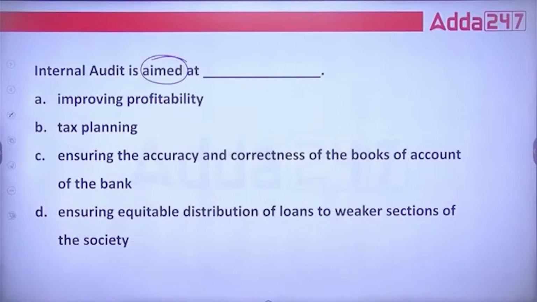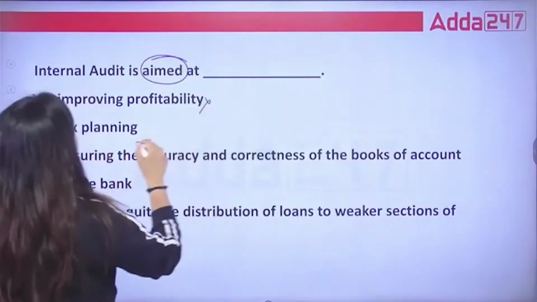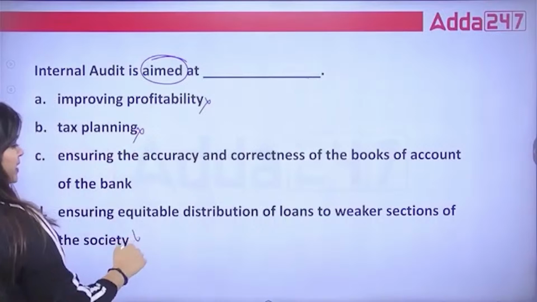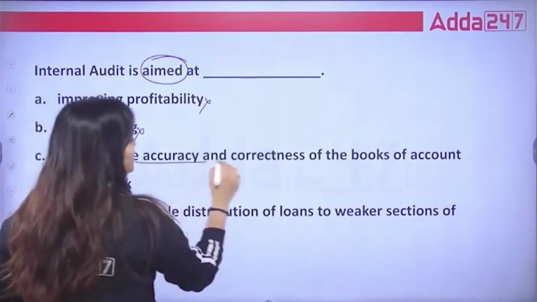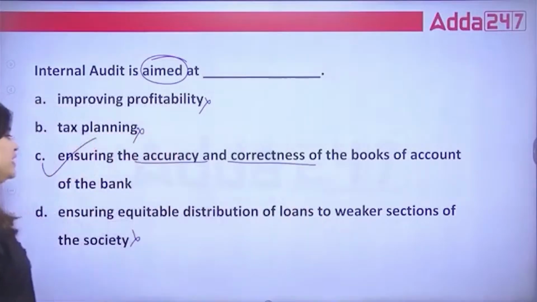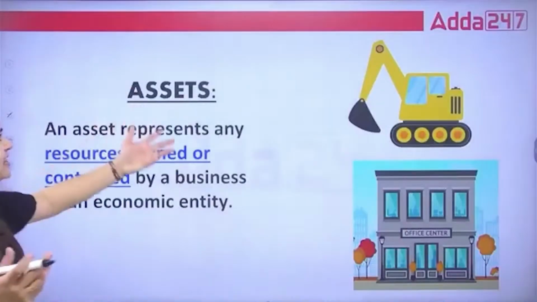For improving profitability? No. For tax planning? No. For equitable distribution of loans? No. Correct answer is ensuring the accuracy and correctness of the books of accounts of the bank.